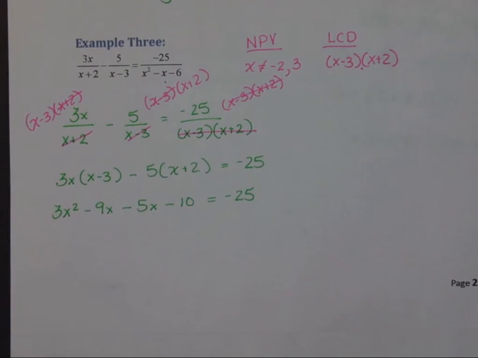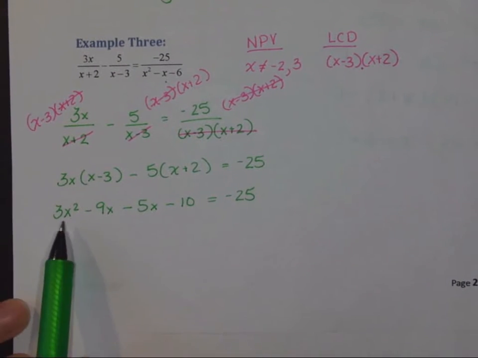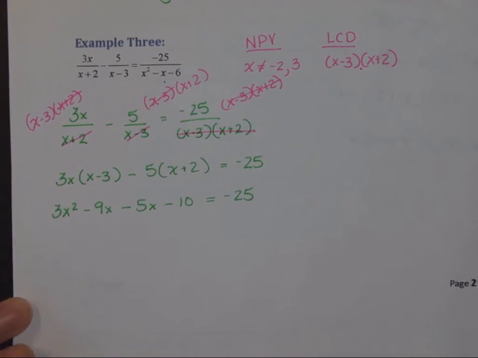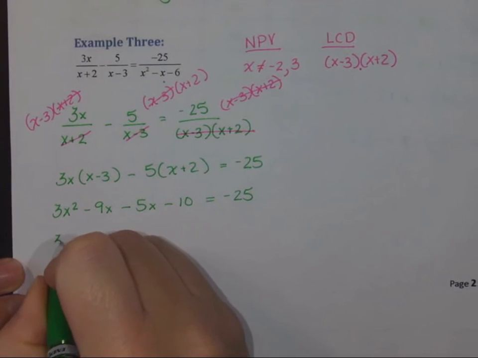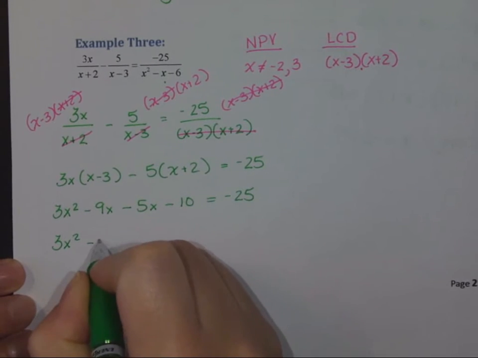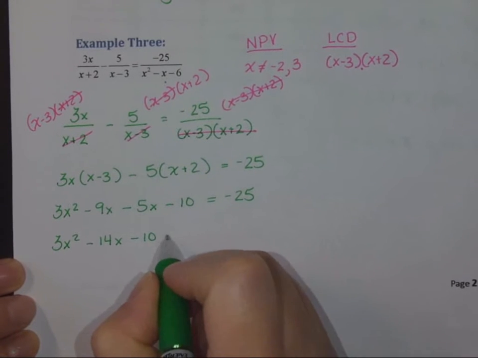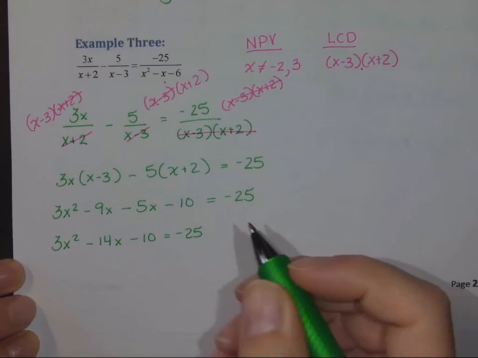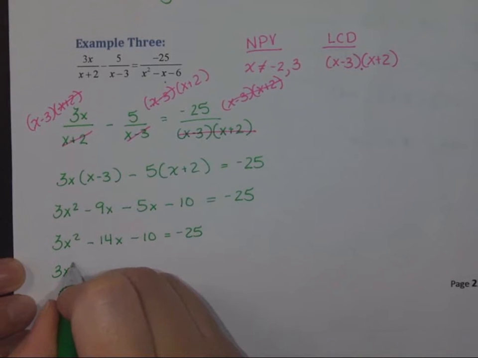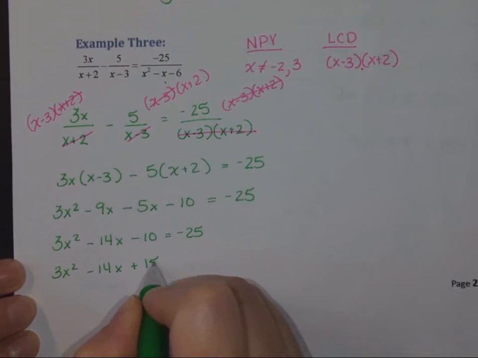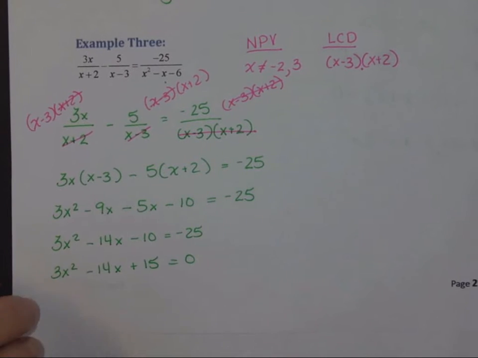Okay, so this one's going to be a little bit different because as soon as I see that x squared, I know I'm going to have to factor, and I'm going to have to put it in general form so that it's equal to 0. So I'm going to have 3x squared minus 14x minus 10 equals negative 25. So I'm going to have 3x squared minus 14x plus 15 equals 0.